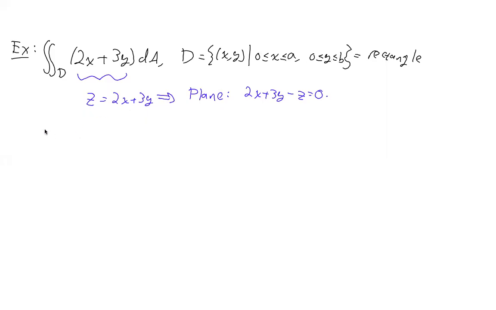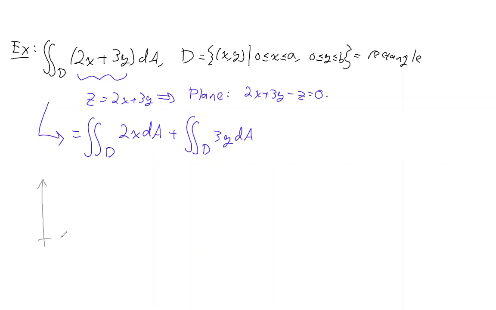So the way we're going to do this is we're going to write this integral as the double integral over D of the function 2x dA plus the double integral over D of the function 3y dA. And with that in mind, for 2x, let's think about that for a little bit.